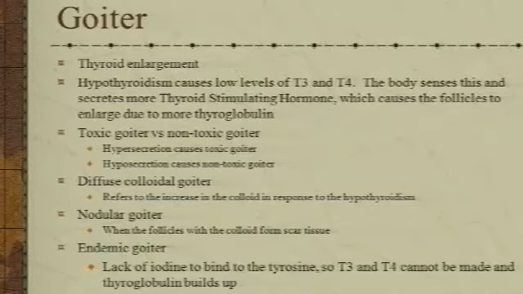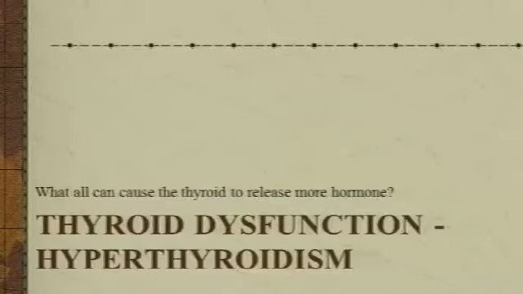Nodules can form with scar tissue, which is sad because that's going to be a permanent thing, right? With colloidal goiter, if you add iodine or fix the autoimmune component, it can help the goiter go down. Endemic goiter is going to be the lack of iodine, specifically. So there's different names for different causes.